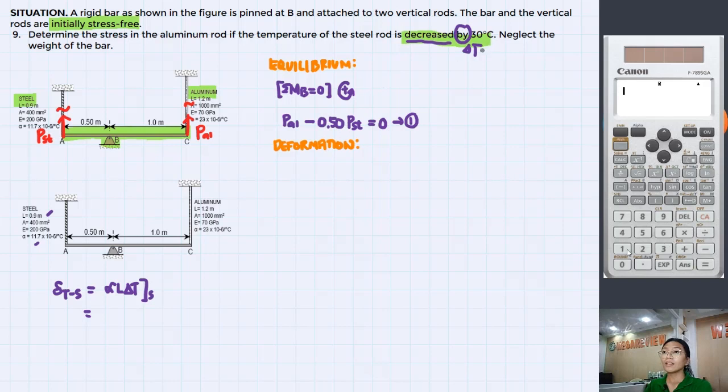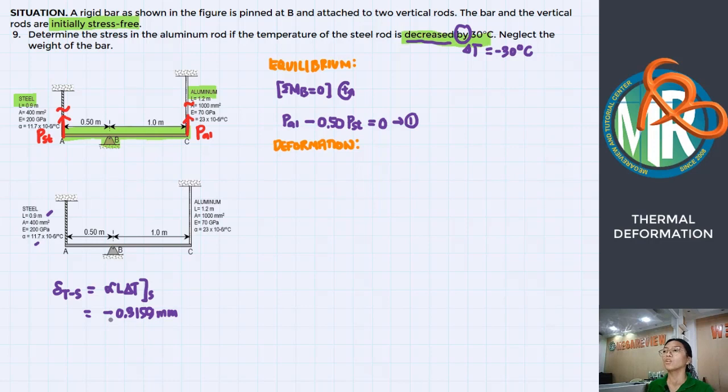Yung delta T natin is a negative value kasi decreased by man. Okay, so yung magiging value ng ating thermal deformation dito is also a negative value, and that is negative 0.3159 millimeters. Ano bang ibig sabihin pag negative? Tama, nag-shrink or nag-shorten yung member natin.